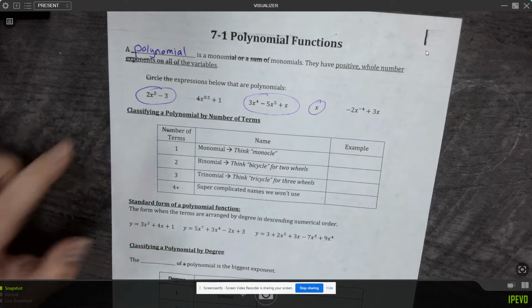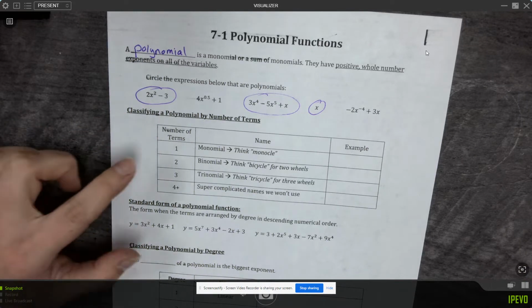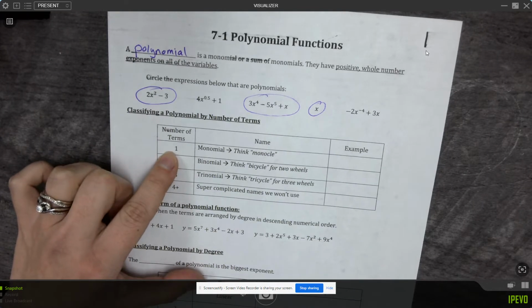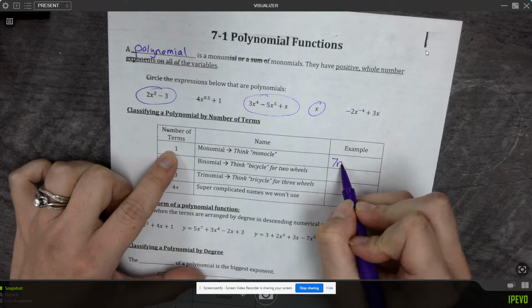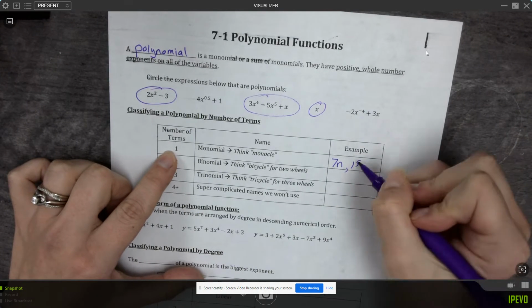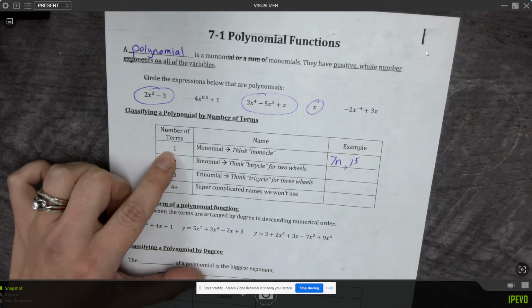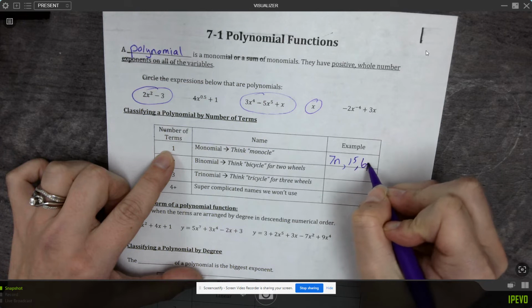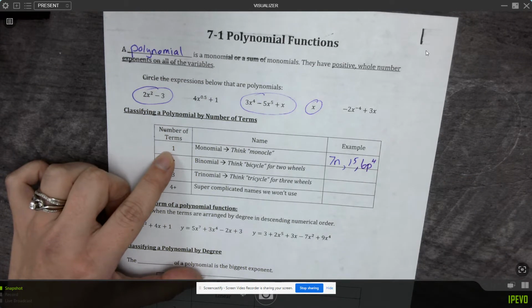We can classify a polynomial. So a monomial is if there is exactly one term, like 7n, like 15. Doesn't have to have a variable. 15 is a monomial. 6p to the 4th.